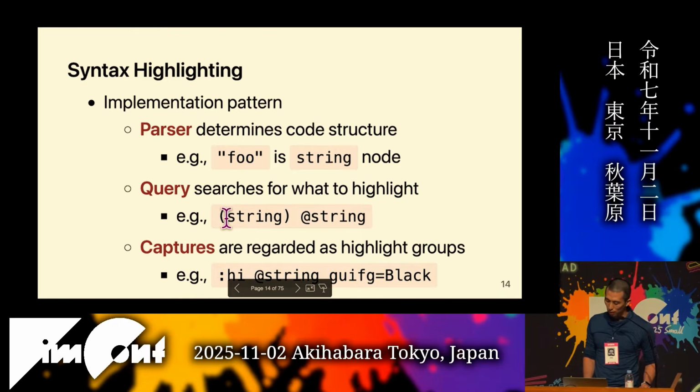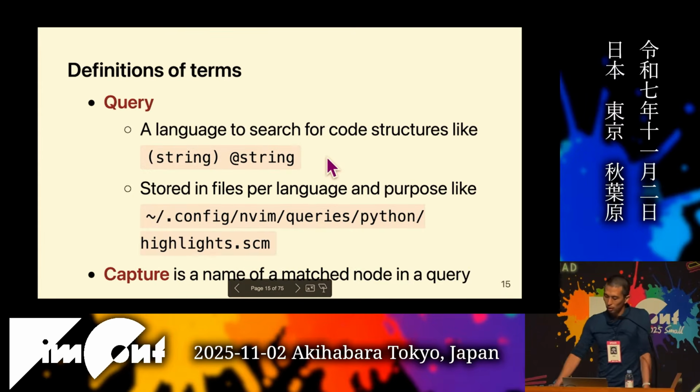So if the query finds a string node, then it is marked with the @string capture. And these captures are regarded as highlight groups in Neovim. So we can do :hi @string guifg=black. In this way, we can highlight the foo in black.